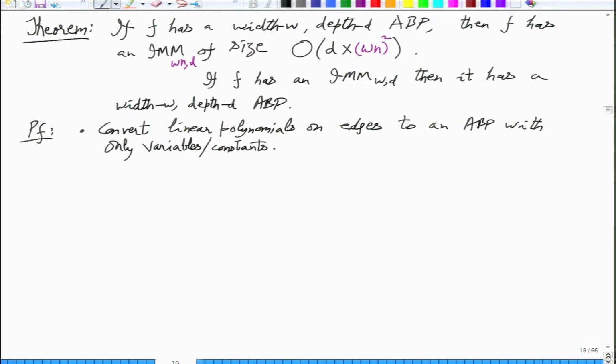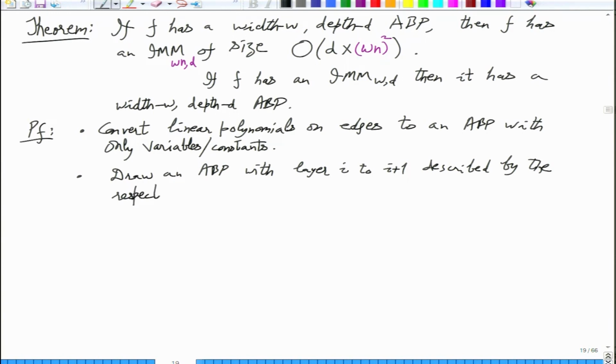That will give you an ABP of suitable dimensions. And second is that IMM to ABP, you just draw an ABP with layer i to i plus 1 described by the respective adjacency matrix. Okay, those are the ideas in these two.